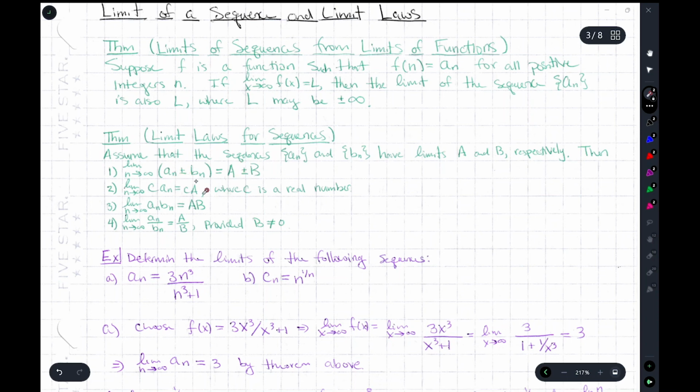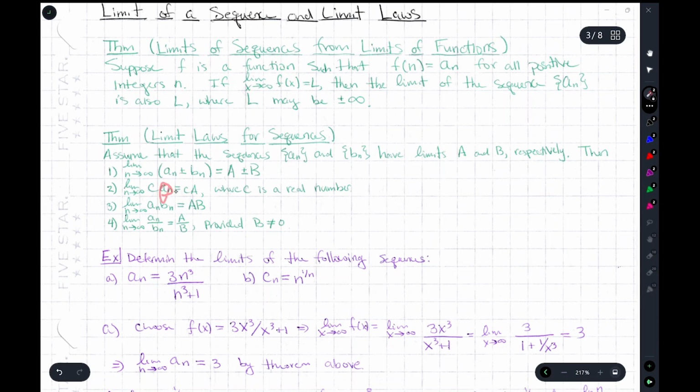So if you add two sequences together term by term, so the first terms are added, the first term of a is added to the first term of b, the second term of a is added to the second term of b, and so that generates a whole new sequence, right? And so the limit of that new sequence, a_n plus b_n, is going to be A plus B for the plus and likewise for the minus.